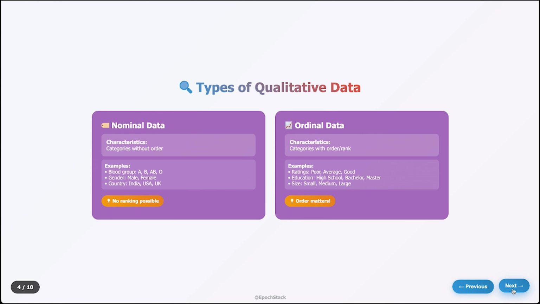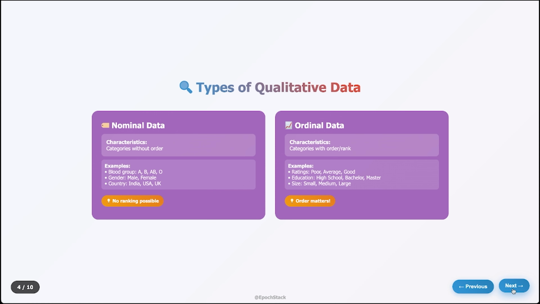For example, if you are giving a rating to a restaurant in a food delivery app, the rating can be poor, average, good or excellent. Or education: first high school, bachelor, then masters or then PhD. So this is in order.